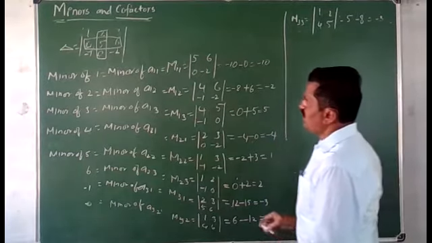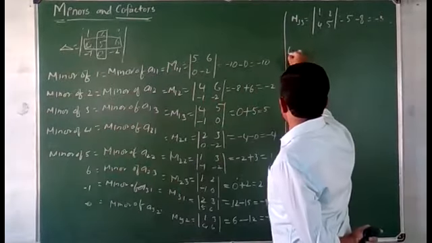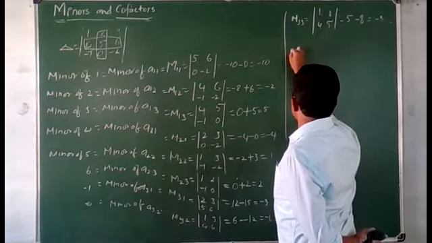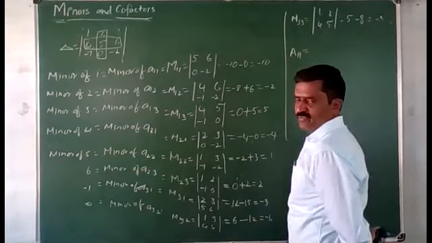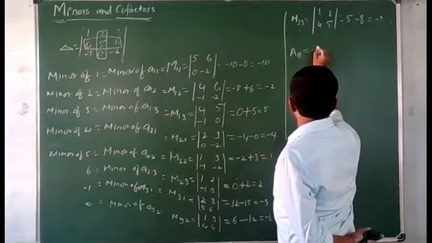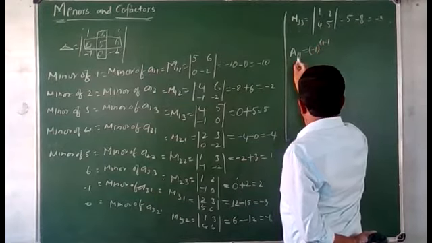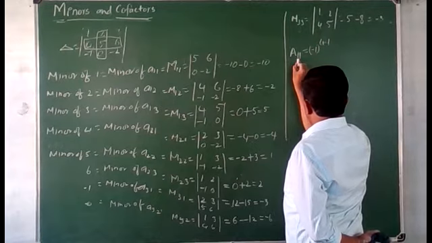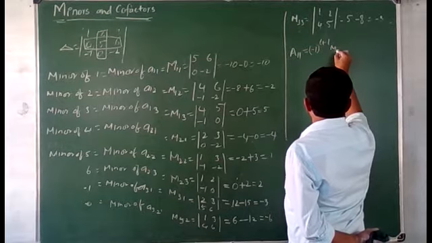what is the cofactor of 1 1? Generally we write it directly, that is A11. A11 is equal to minus 1 whole to the power of i plus j, i row j column, into M11.